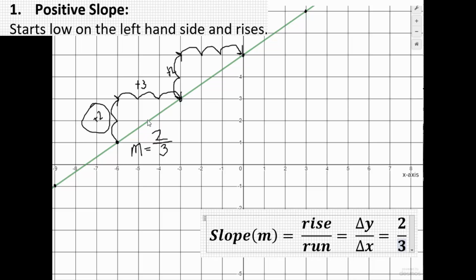So that is the same as what I have here. So this slope, this is the constant rate of change, how steep this line is all the way up between each of the points. So we would say that this line has a positive slope of 2/3, and our slope fraction is in simplest form, so we don't need to do anything else with it.